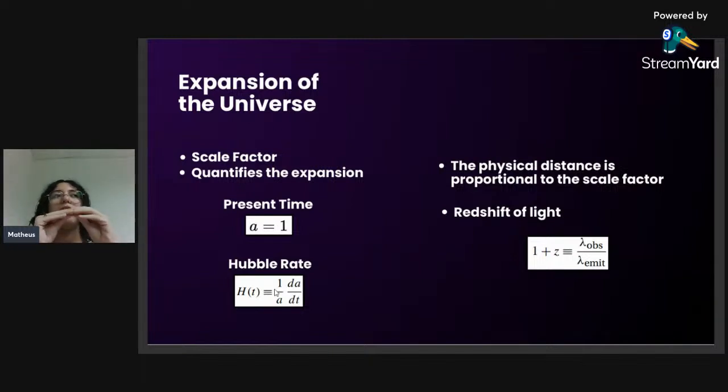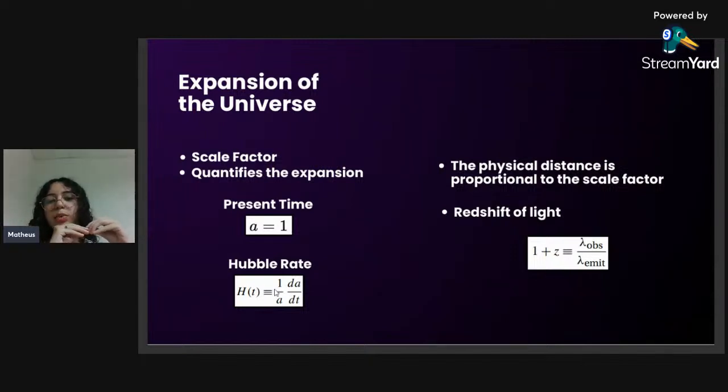And we have a phenomenon that happens in an expanding universe, that is the redshift of light. For example, an observer will see the wavelength of the light longer than the wavelength of the light that was emitted by the galaxy. So this is the redshift effect.